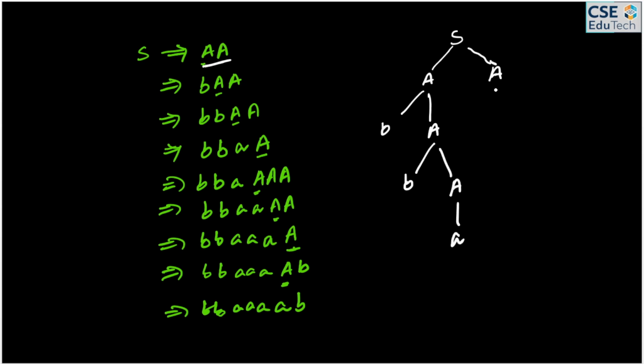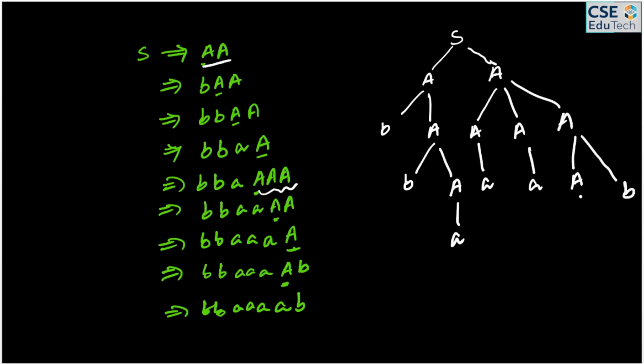Now this A will be replaced by triple A, as we have seen here. So now this A has been replaced by small a, this also is small a, and now this A will be replaced by Ab, and this A will be again replaced by a. So this is the derivation tree or the parse tree for the string b b a a a a b.